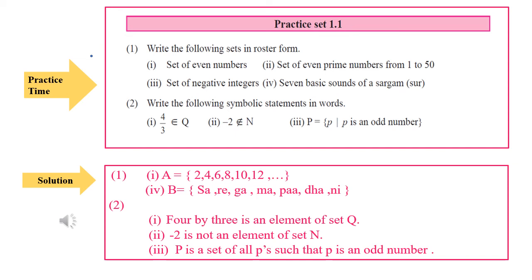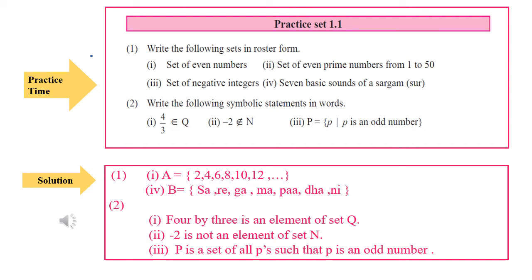Set of even prime numbers from 1 to 50. Think which are the prime numbers between 1 to 50. Correct. So we have only 2, which is an even prime number. So my answer is only one element, that is 2.